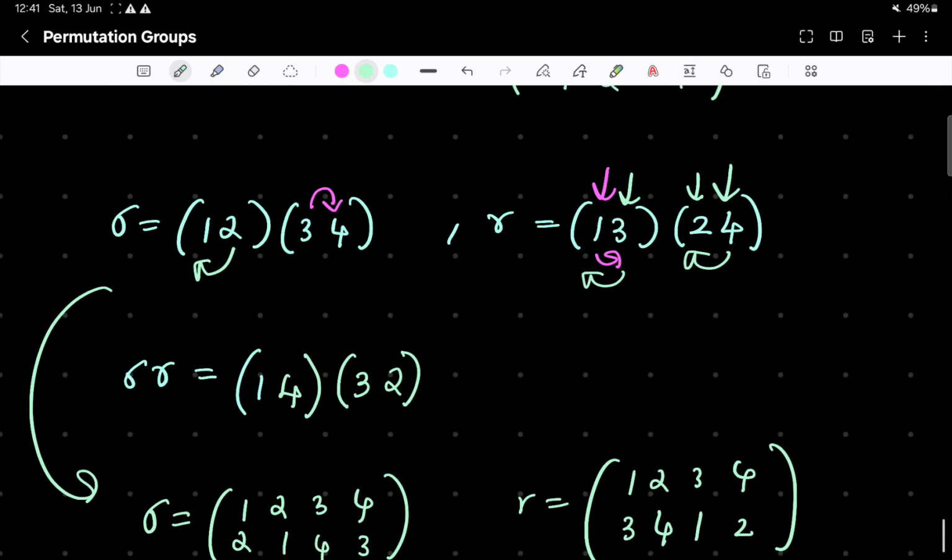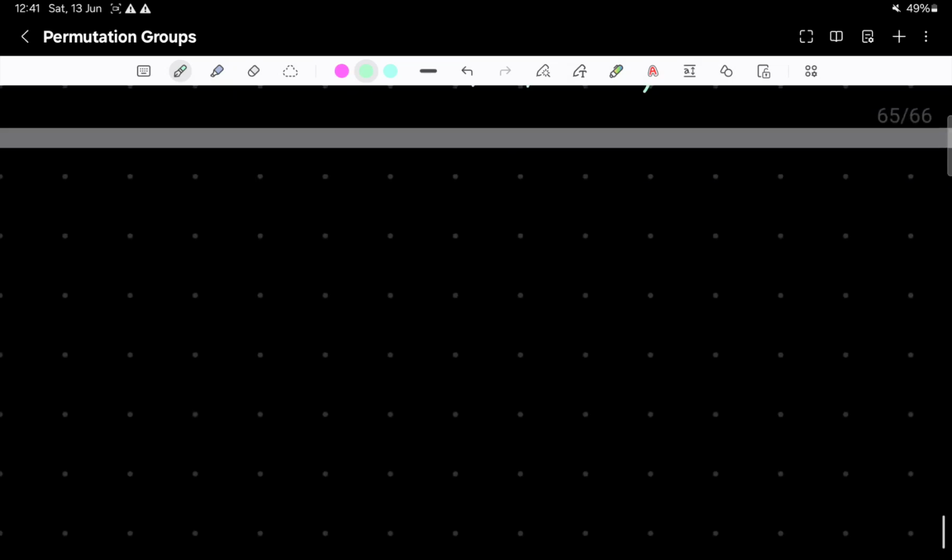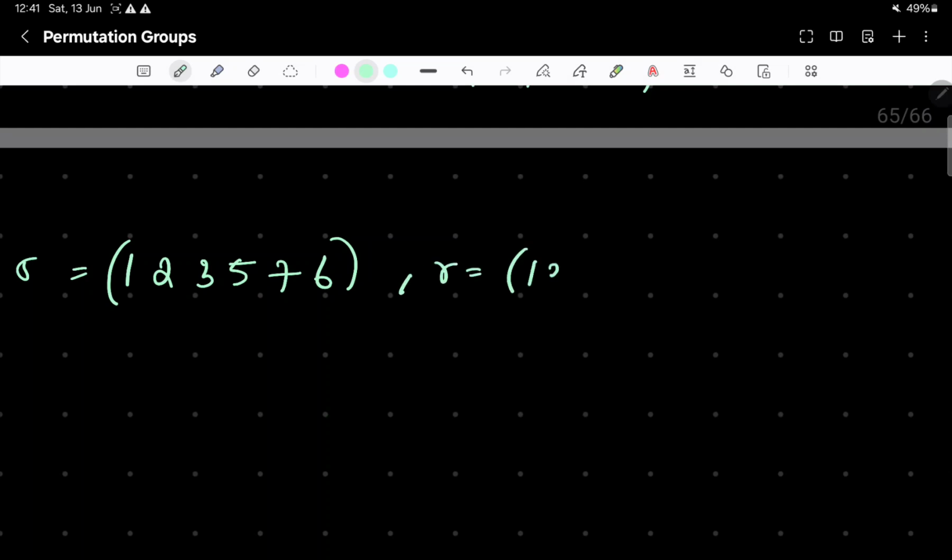So this is how you multiply in cycle notation. This algorithm, this idea you have to keep. Okay, so I will finally do a big one, then I will stop. Let sigma be (1 3 5 7 6 2) and multiply with gamma, (3 4 5 7).